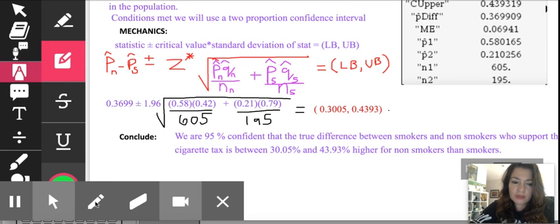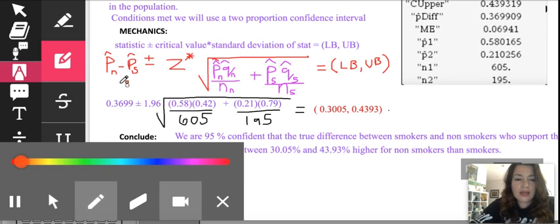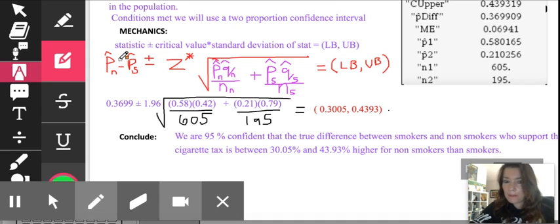And so the only thing that is new here is that instead of our statistic, which is from a sample, being a one proportion, it's from two proportions. So we are going to find the difference between the smoker proportion and the non-smoker proportion. But in this case, we'll do non-smoker first minus smoker, since that is the larger one.